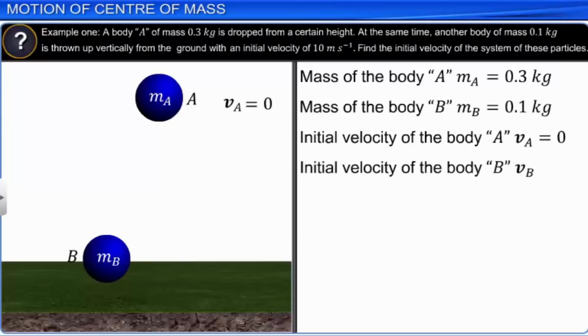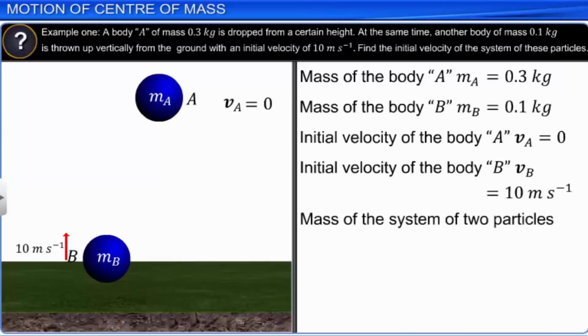Mass of the system of two particles m is equal to ma plus mb. That is 0.3 plus 0.1 is equal to 0.4 kilogram.